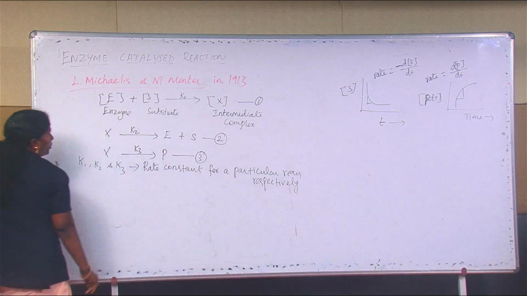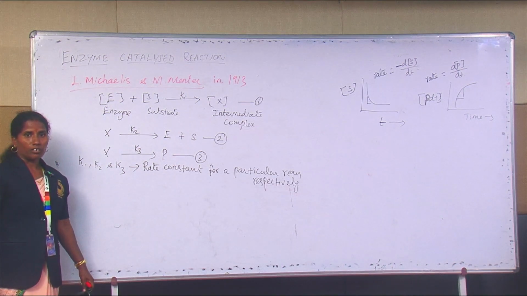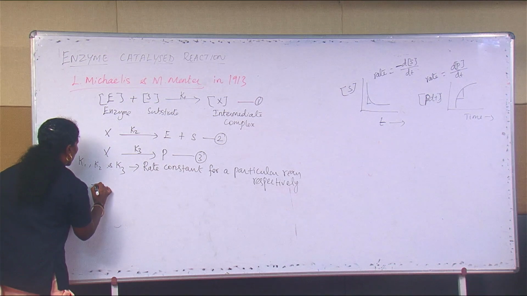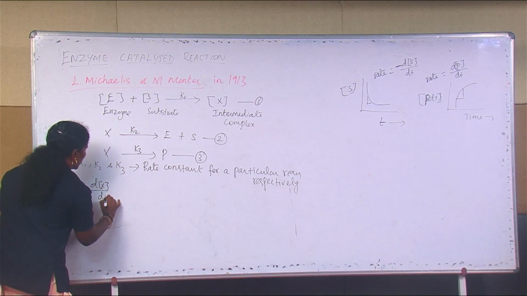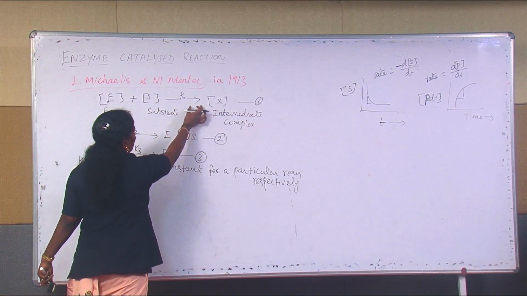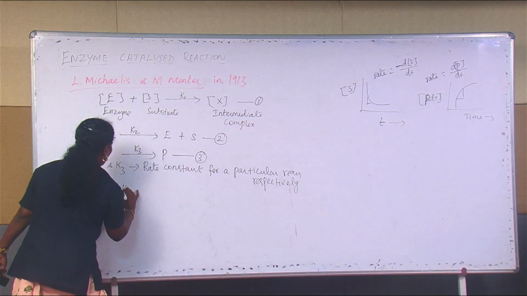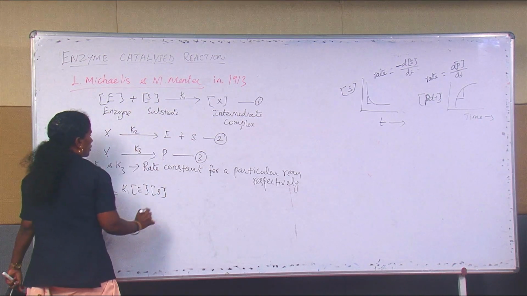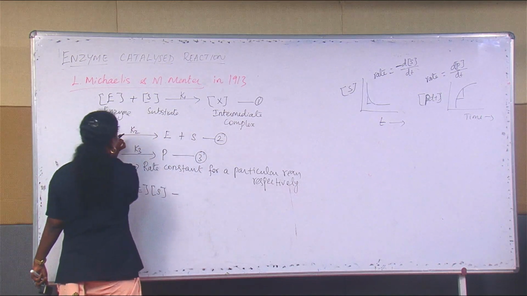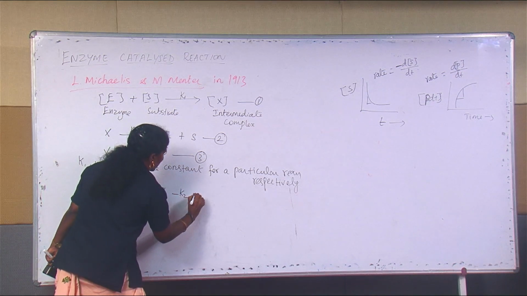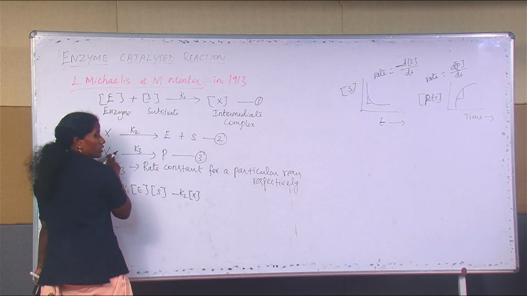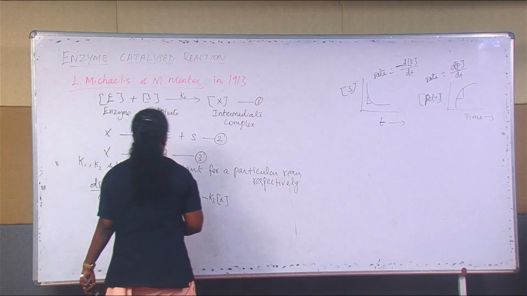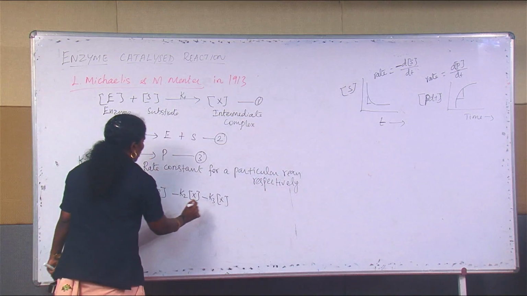Now we are going to write the rate equation for the formation of the intermediate complex X. It can be written as dX/dt equals K1 times the concentration of enzyme and the concentration of substrate, minus K2 X, since this X is on the substrate side, minus K3 X. This is equation number 4.